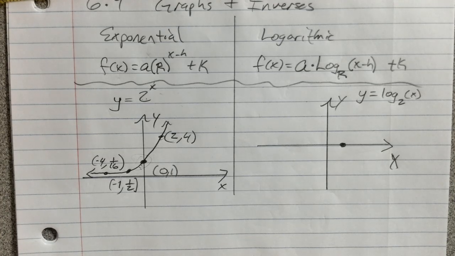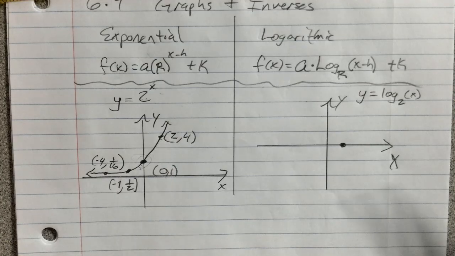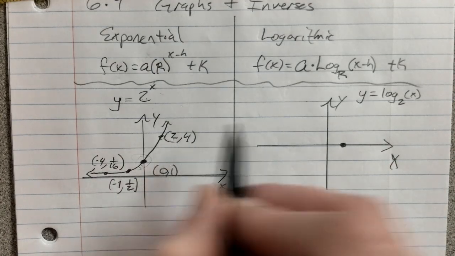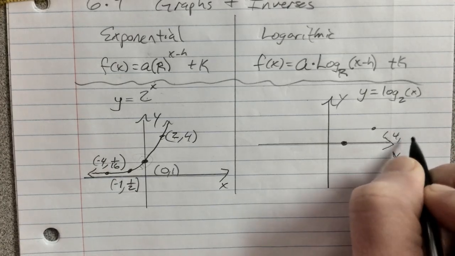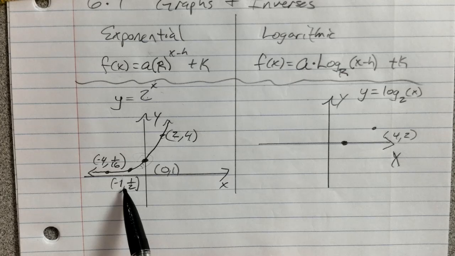What about the coordinate point 2, 4? What will that correspond to over here? I said it backwards, didn't I? It's fine. So the x value is 2, the y value is 4. That switches to become an x value of 4 and a y value of 2. -1 and 1/2. What coordinate point does that go to? 1/2 and -1.